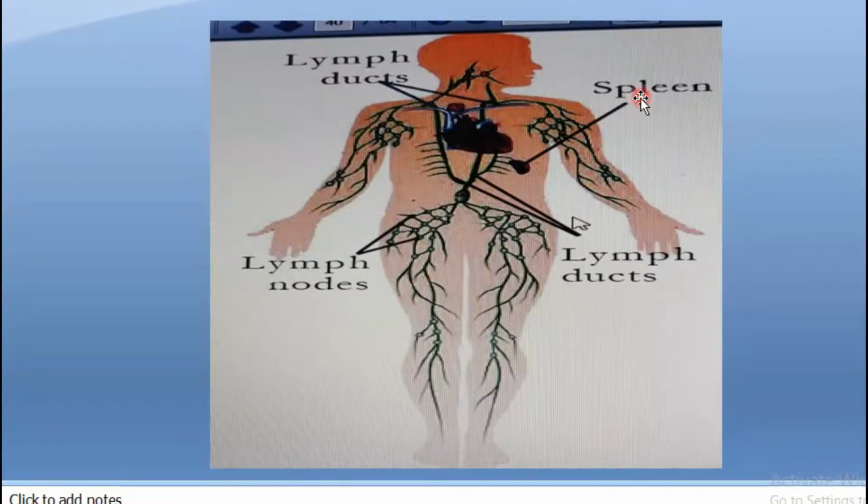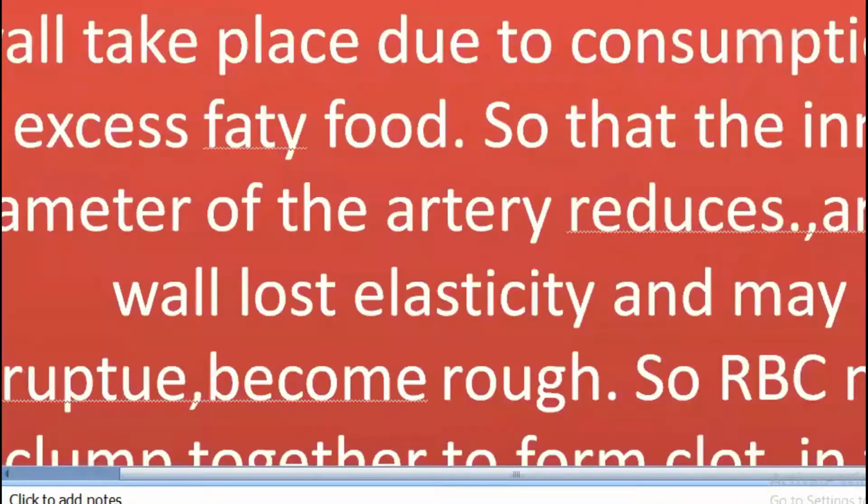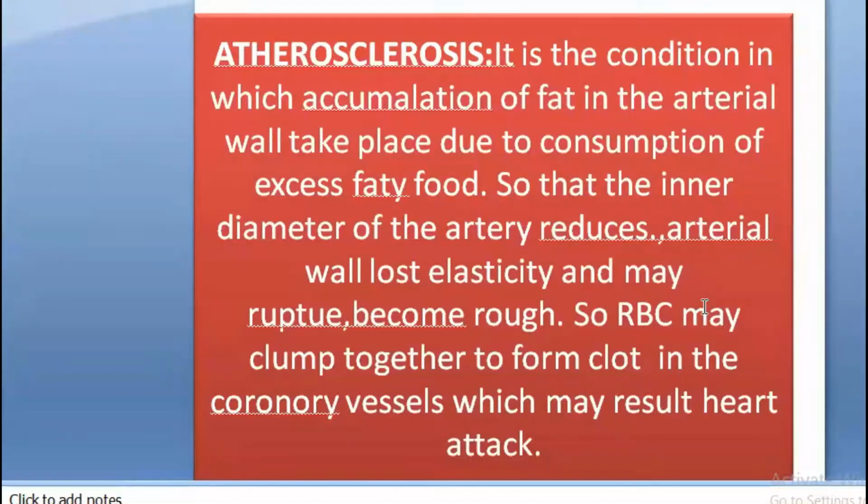Then next is about the health of the heart. Have you heard about atherosclerosis? It is a condition in which accumulation of fat in the arterial wall takes place due to consumption of excess fatty food.